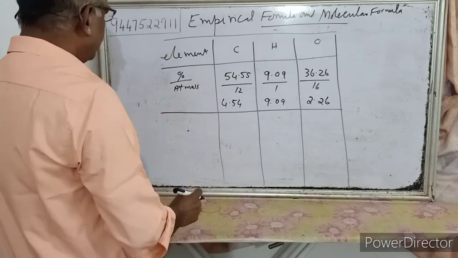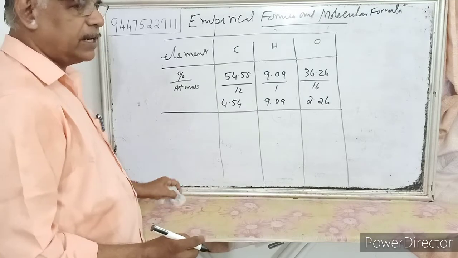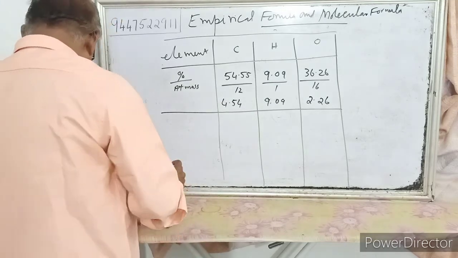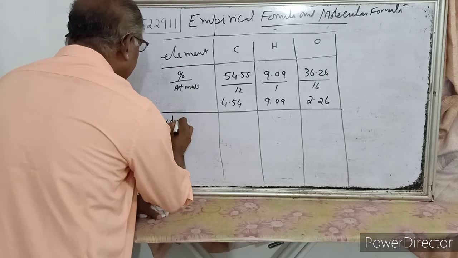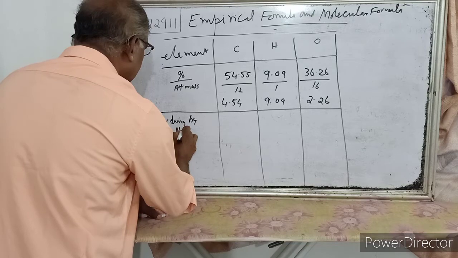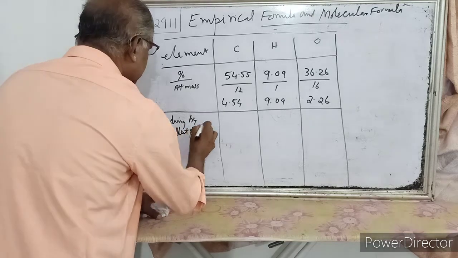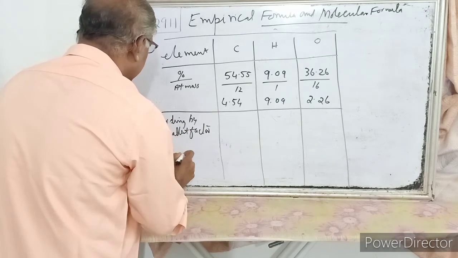The next step is dividing by the smallest factor. We have to divide these values by the least value.